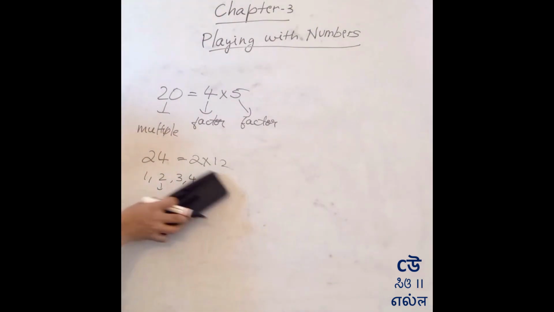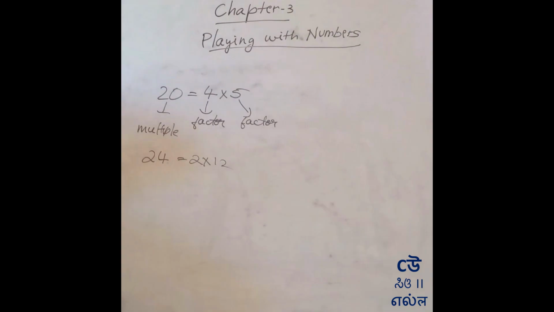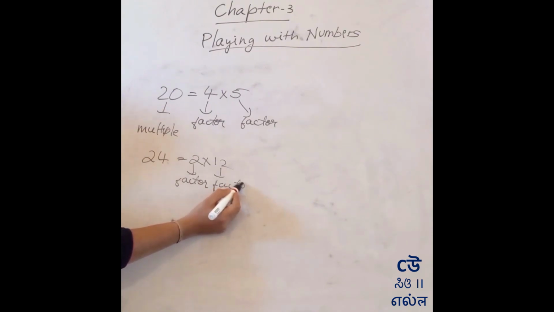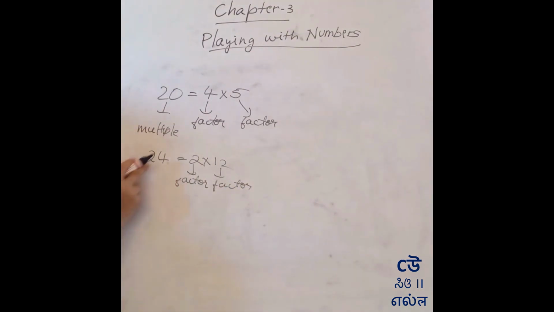So you can tell that 2 is a factor of 24 and 12 is a factor of 24, and 24 is the multiple of 2 into 12. We are just reversing, that is 2 is a factor of 24, 12 is a factor of 24 and 24 is a multiple of 2 and 12.